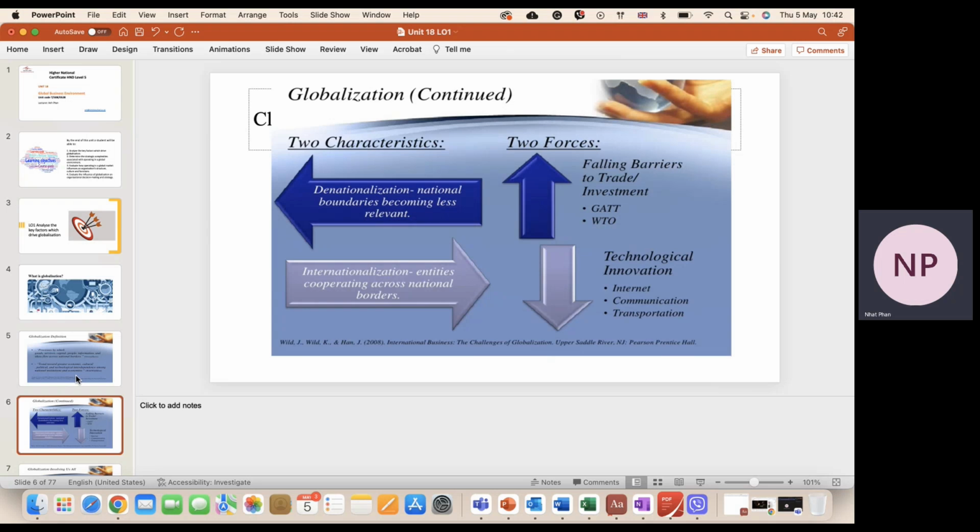The second is internationalization, which is entities cooperating across national borders. So you open yourself up to welcome new things, and at the same time you need to cooperate with other countries so that you can gain more benefits. For example, each country has its own strengths and weaknesses, and some countries like Germany are very good at technology, engineering, and so on.